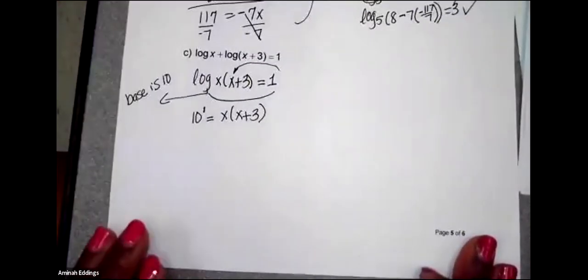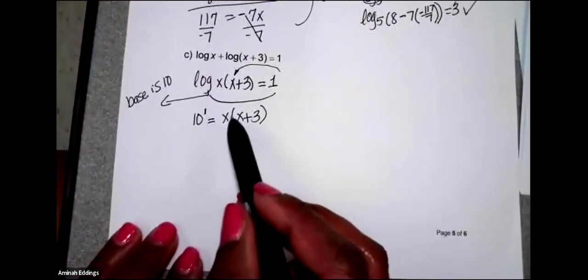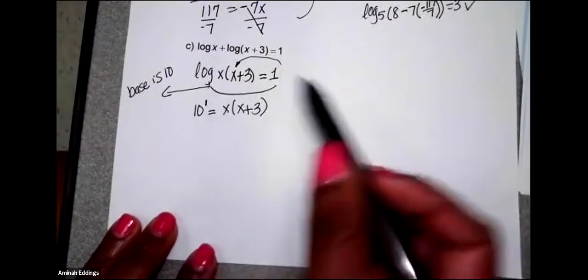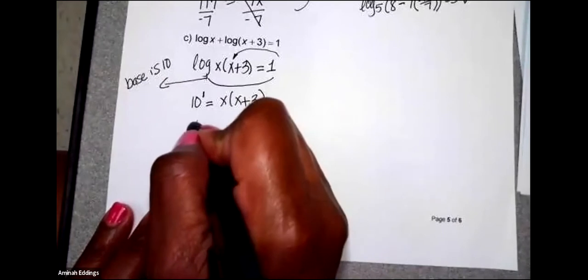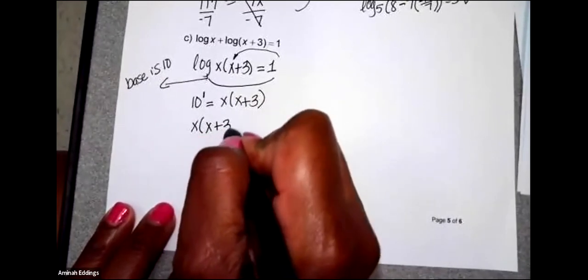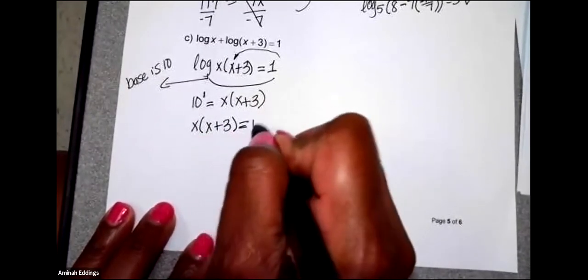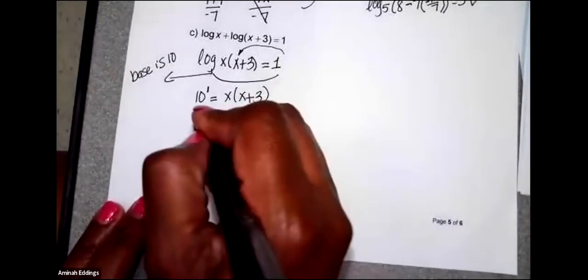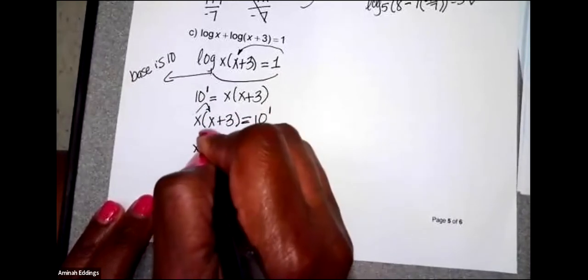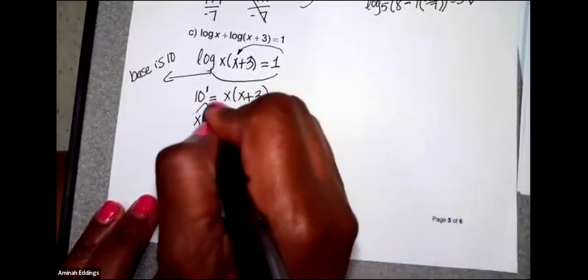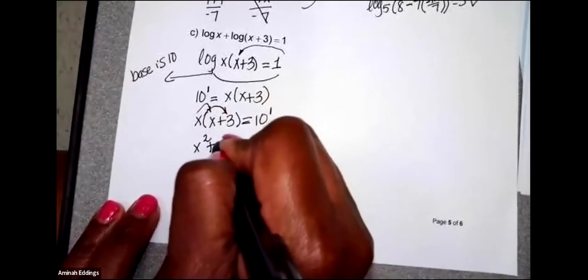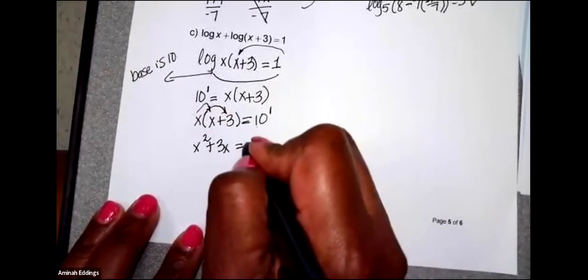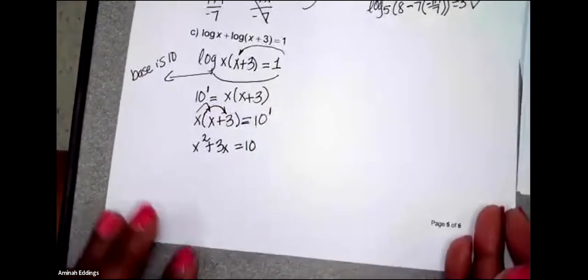All right, and then from here, we can simply distribute, and I'm gonna turn this around to what you all are used to seeing. So I'm just gonna rewrite it as x times x plus 3 is equal to 10 to the first power. And then I can distribute. So x times x is x squared plus 3x is equal to 10 to the first is 10.